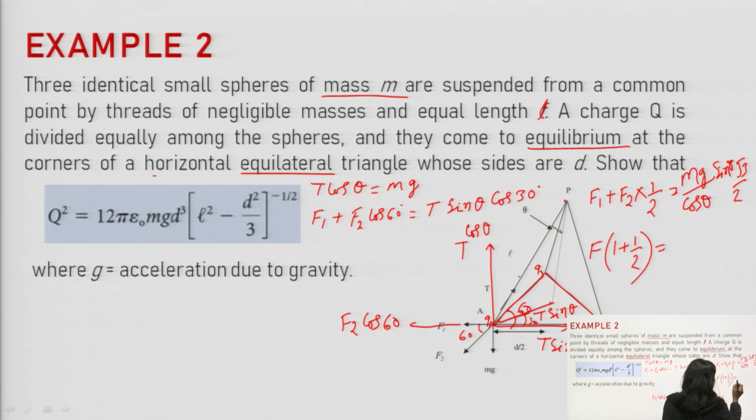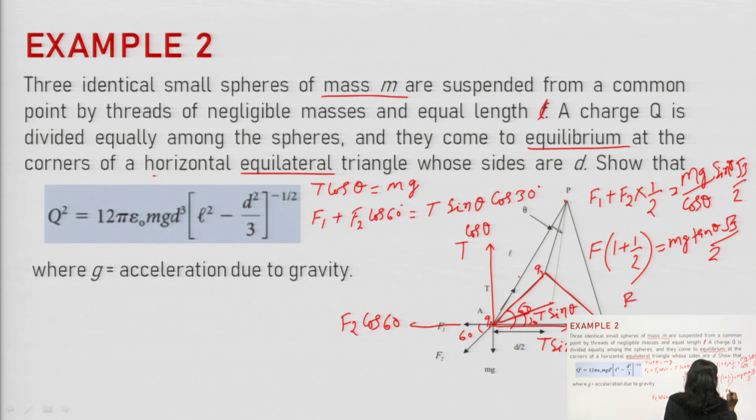This side and this side will be sin theta by cos theta, that is mg tan theta, and root 3 by 2. Here it will be 3 by 2.